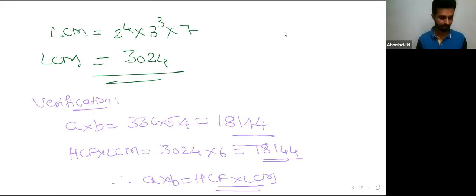Is that clear, everyone? So this is how you find LCM and HCF of different numbers by the prime factorization method.